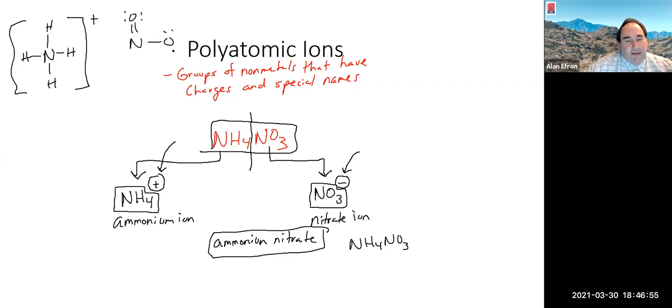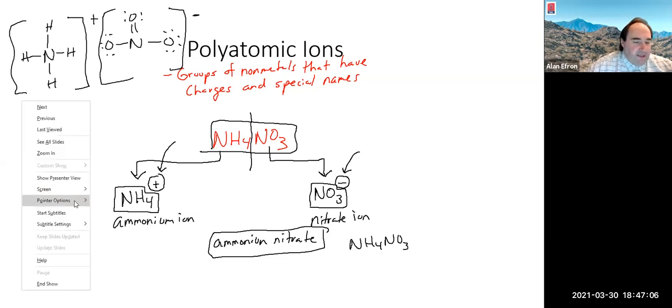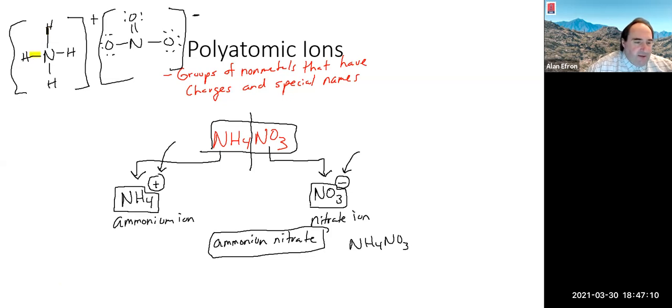It looks something like this. The overall guy here has a -1 charge. Again, there is sharing of electrons happening in our polyatomic ions, which is why this entire thing moves as a unit. We also have sharing of electrons here, which is why this entire thing moves as one unit.